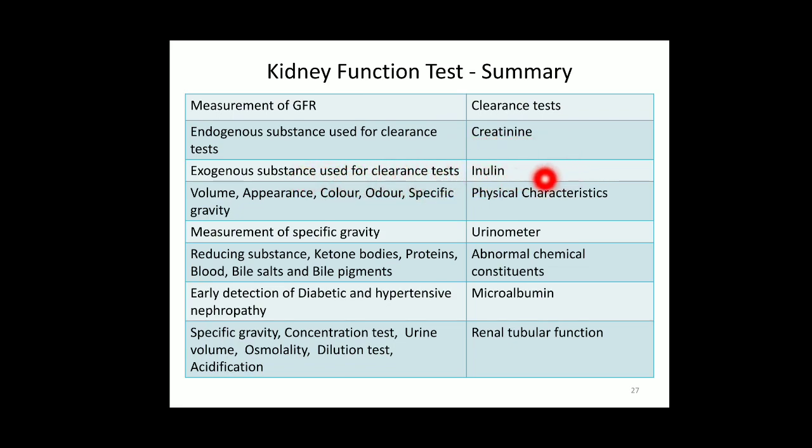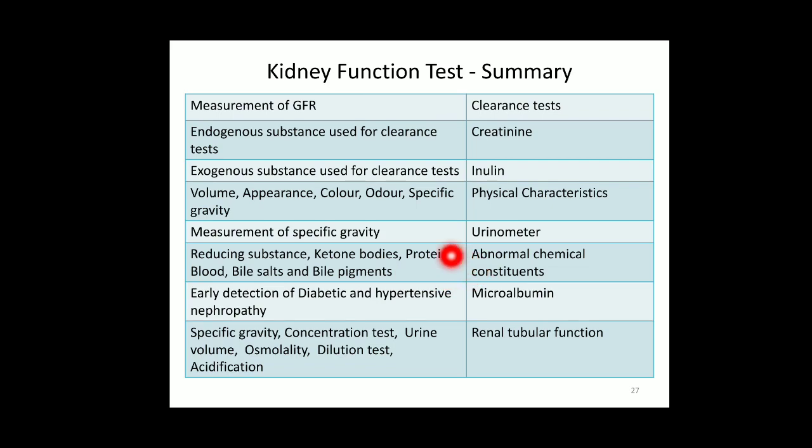Exogenous is inulin. Then to assess physical characteristics, we saw the volume, appearance, which should be clear, color, which should be amber yellow, odor and specific gravity. In what conditions these change and the normal range I have told you. Specific gravity is measured using a urinometer, and in what conditions it is increased or decreased I have told you.